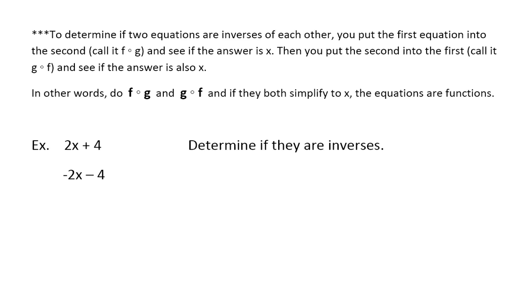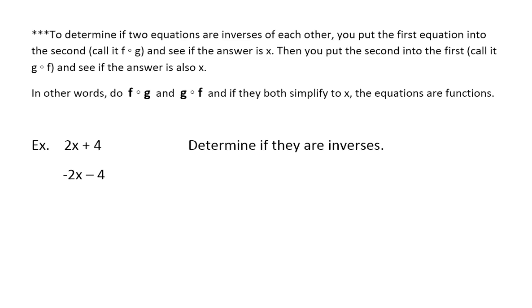And then you put the second one into the first one, we can call that g of f, and see if that answer is also x. So in other words, if both f of g and g of f simplify down to the letter x, then we can definitely say yes, the two equations are inverses. So let's try one of those.